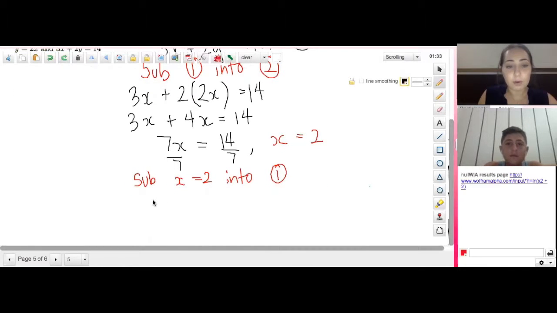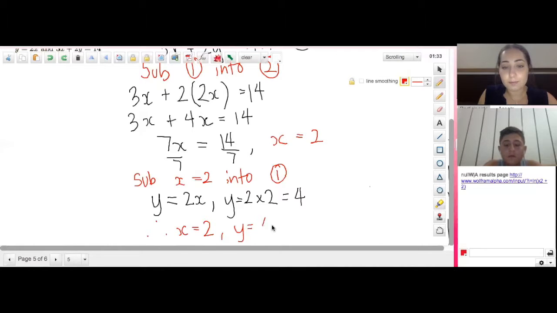If you recall, our equation 1 is y equals 2x. So when we sub this value of 2 into this equation, we get y equals 2 times 2, which is 4. So therefore, we can conclude that x equals 2 and y equals 4.